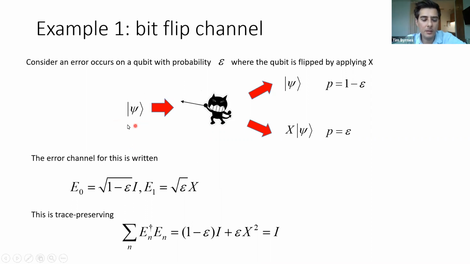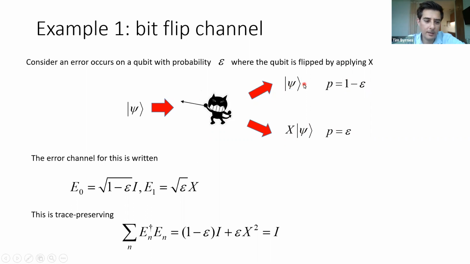We start with some state here, and what this error does is, with some probability, which I'm going to call epsilon, it will flip it, as in it will apply this X operation. This X operator is the operator that flips 0 to 1 and 1 to 0. So it does that with probability epsilon, and otherwise it doesn't do anything. The remaining time it just leaves this state as it is.